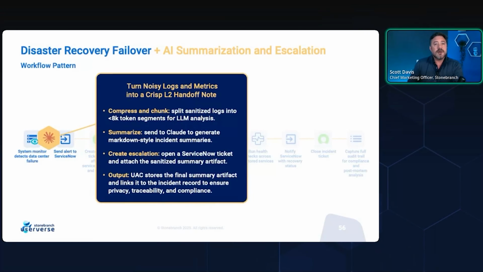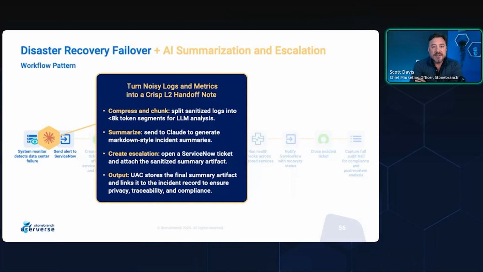Another AI job that you could add to the beginning of this workflow would be to summarize noisy logs and metrics. If there's a problem or you're getting a bunch of alerts, it's sometimes asinine to have to flow through all the log data and all the alerts just to figure out what's happening.